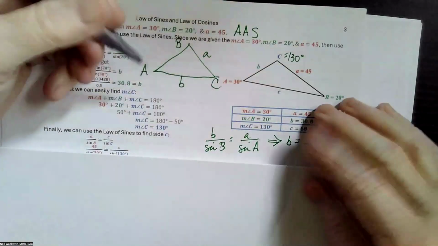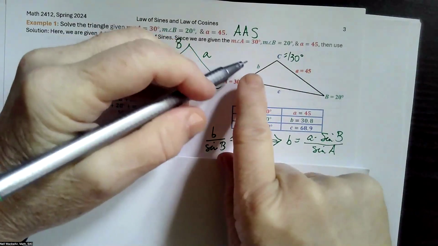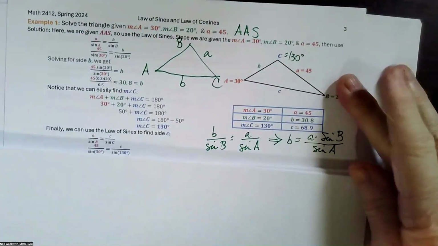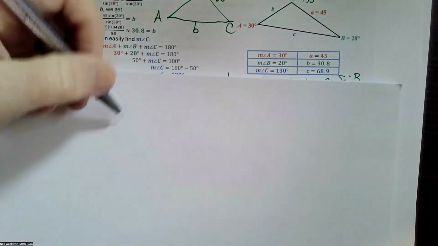Okay. And now let's find the length of side b. And I was wanting y'all to draw it, but you can see I didn't follow my own rule.